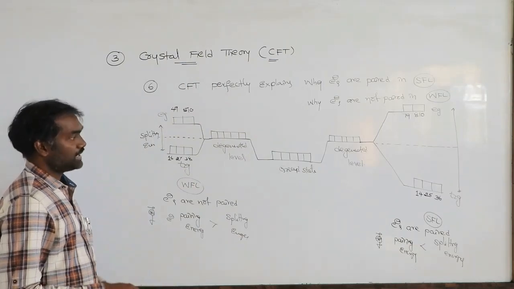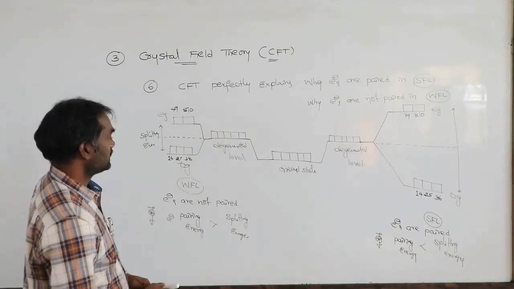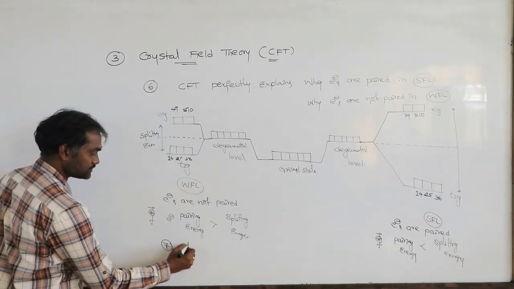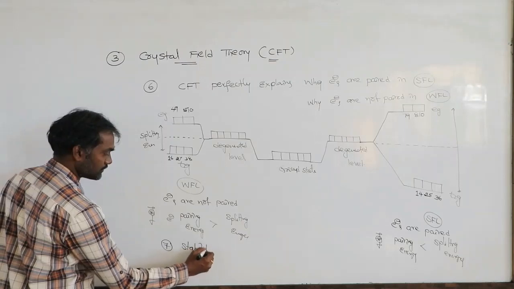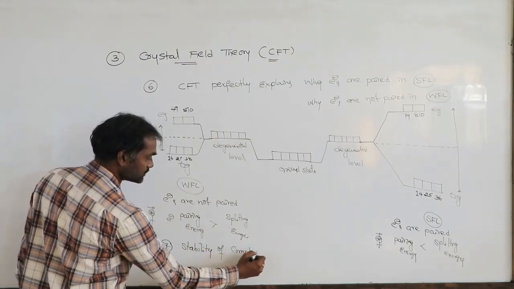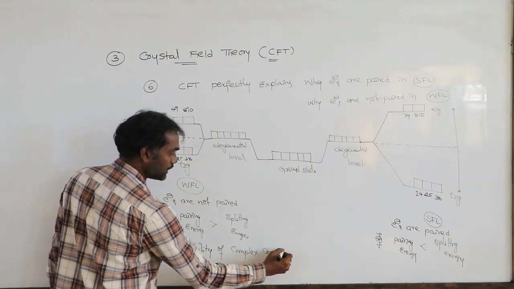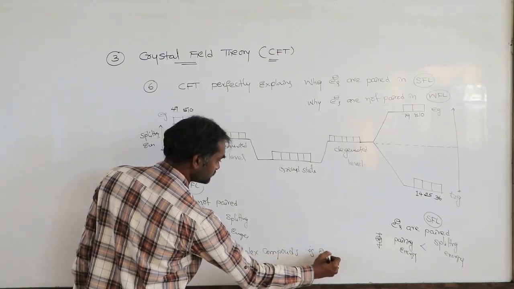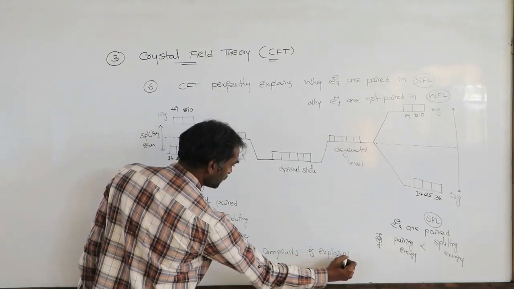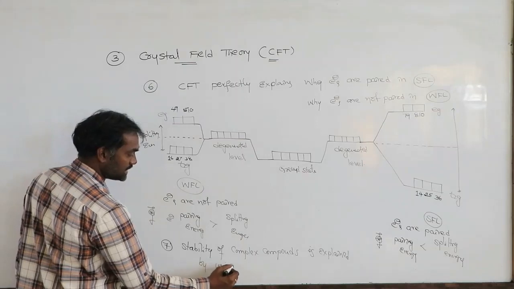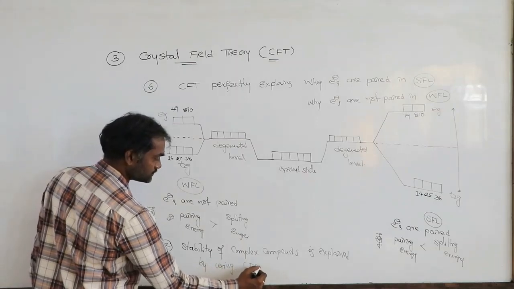Next, another important point, the seventh point: the stability of complexes. The stability of complex compounds is explained using CFSE values.